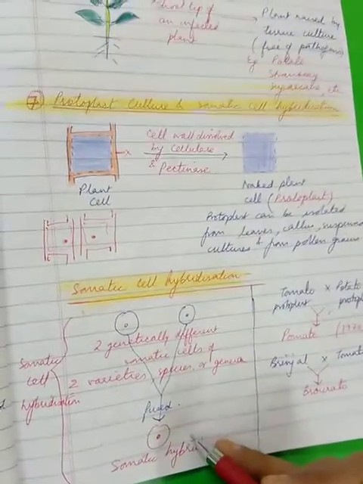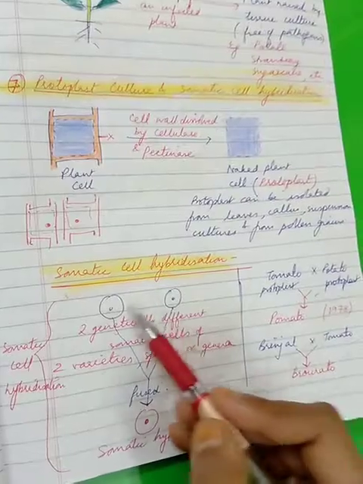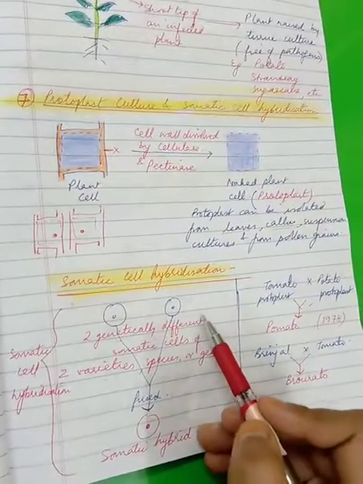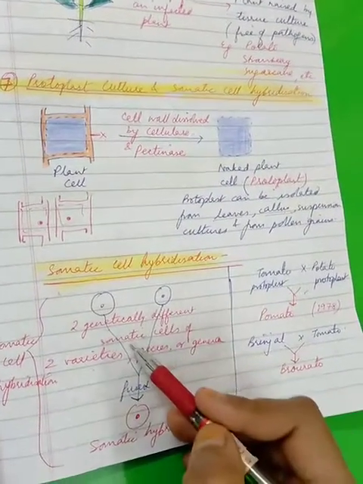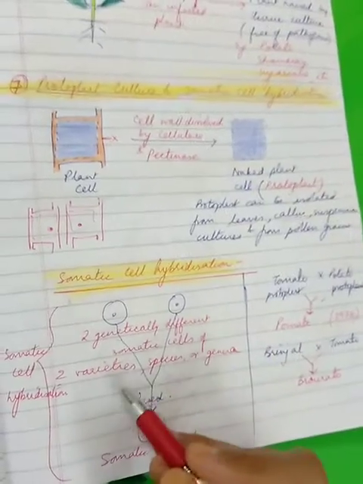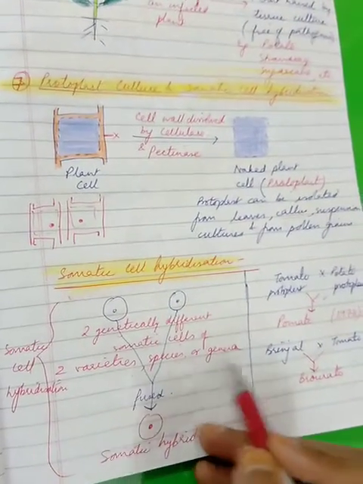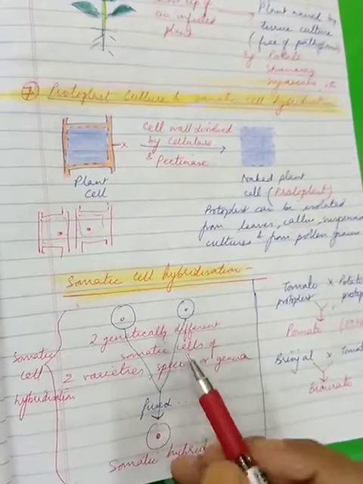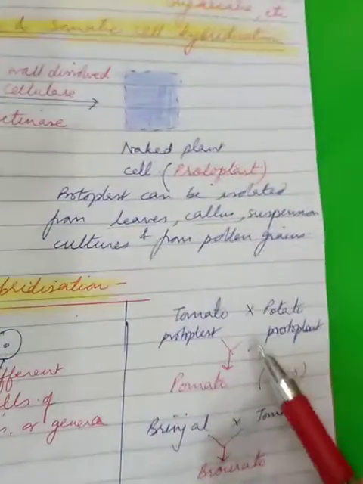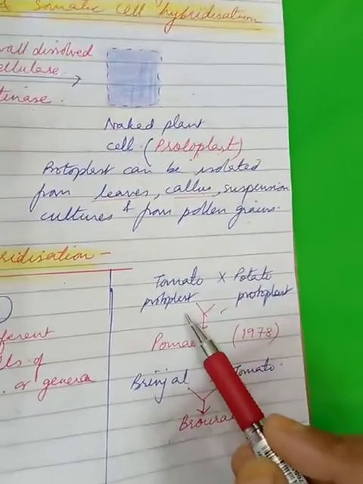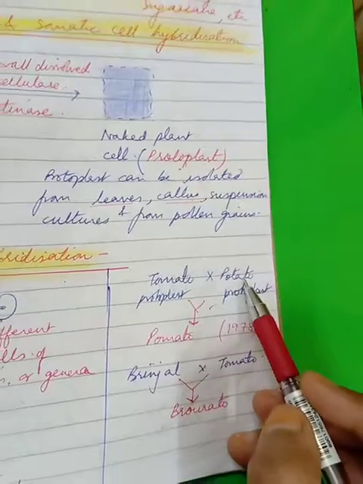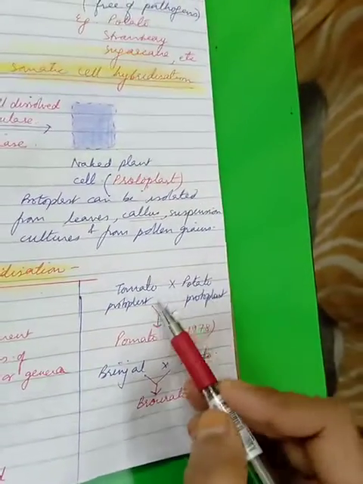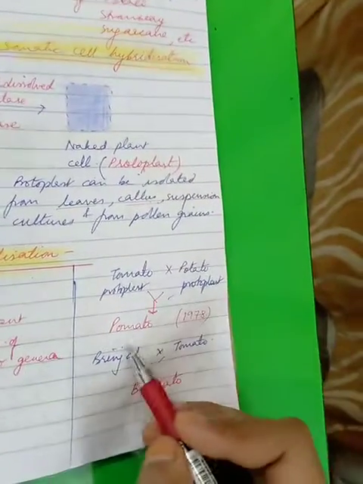Understand this. Suppose these are two genetically different somatic cells, vegetative cells of two varieties, species or genera. For example, tomato protoplast can be fused with potato protoplast, and the outcome would be pomato.